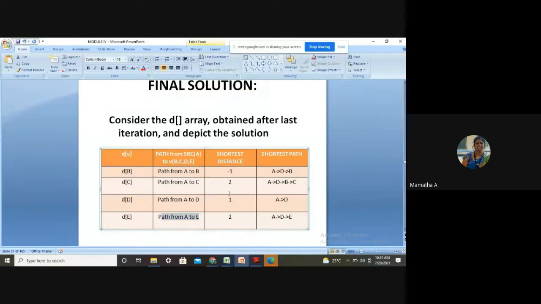You got the shortest distance, but which is the shortest path? Which path did it take? How do I construct this, students? Any idea? Which matrix should I use to construct the shortest path?